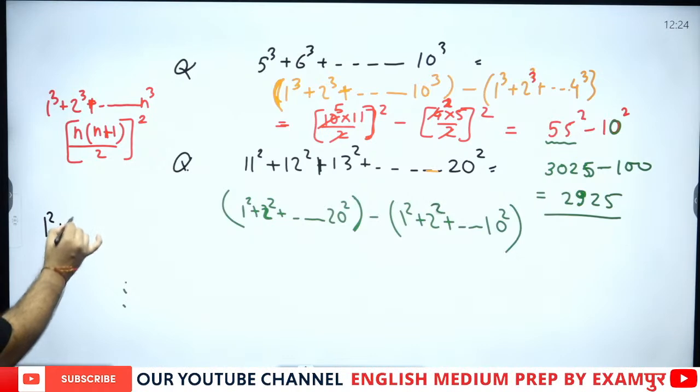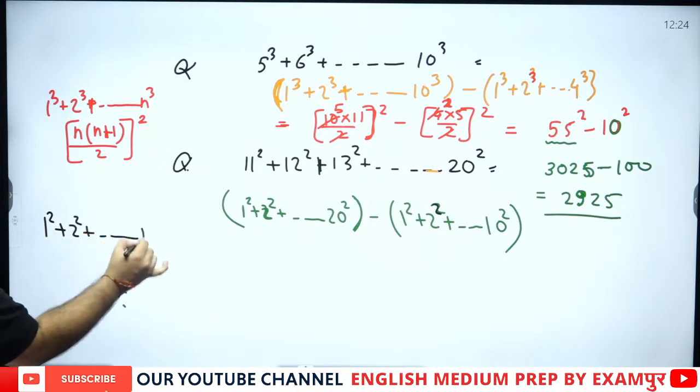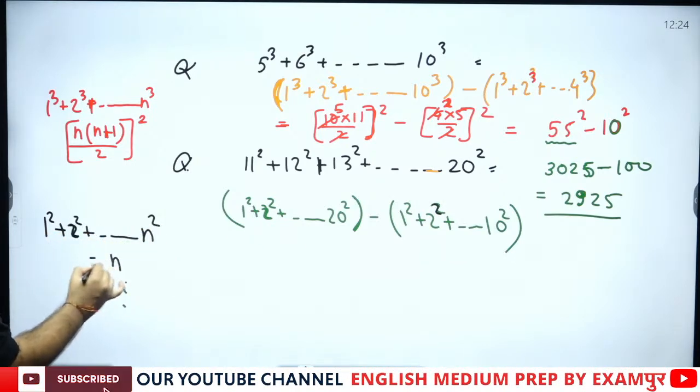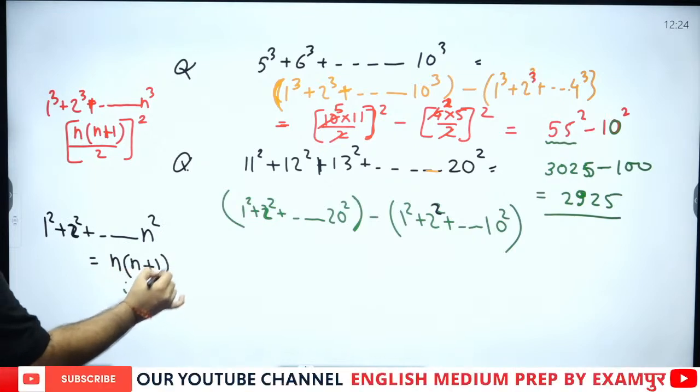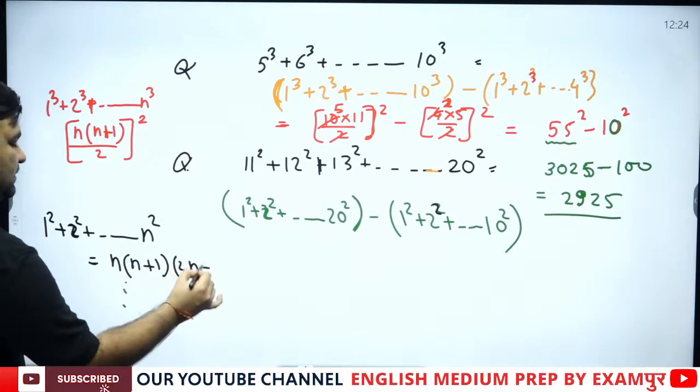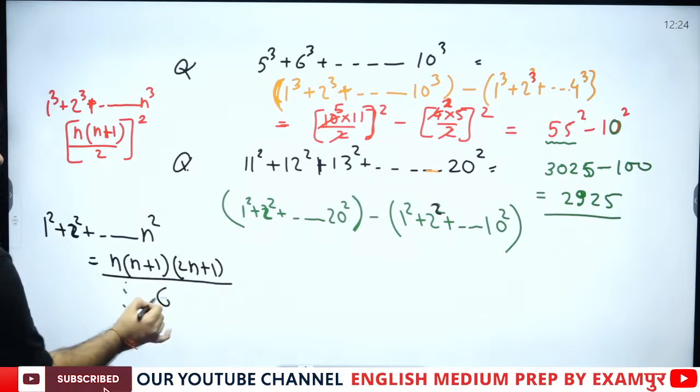1 square plus 2 square up to n square is n into n plus 1 into 2n plus 1 divided by 6.